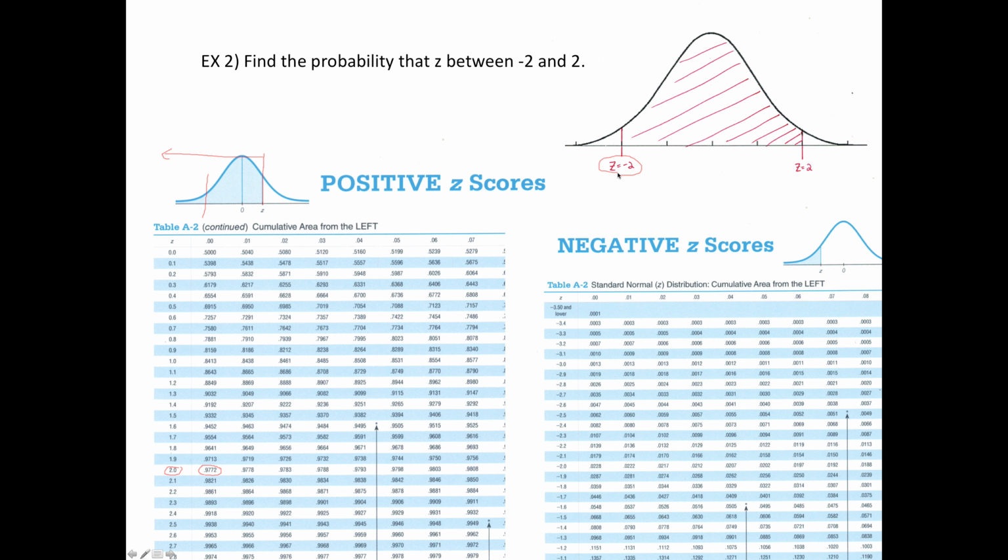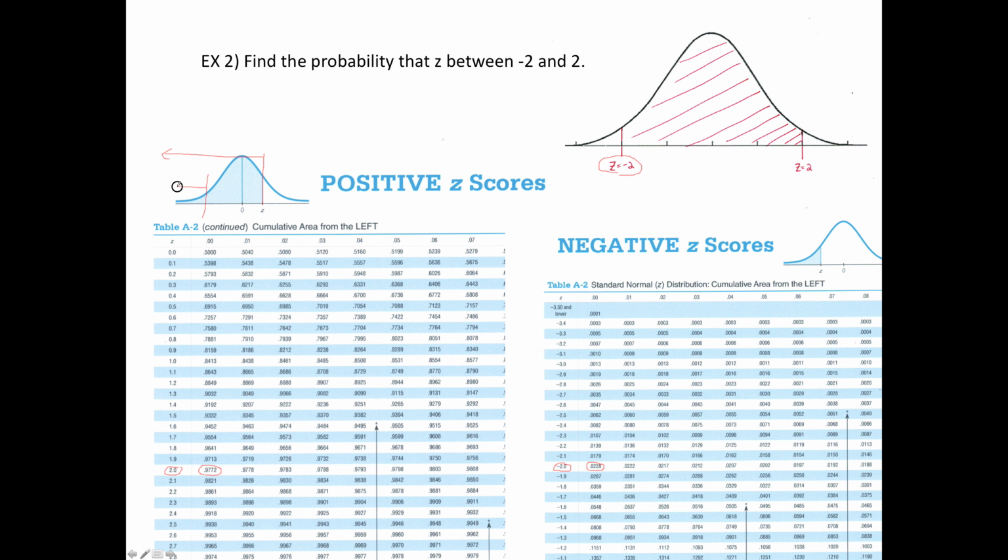So we need the other part of table A2, which is the negative z-scores. Notice that that gives you the left tail. Then look up -2.0. That's going to be a probability of 0.0228. And like I said, we then need to subtract that off.